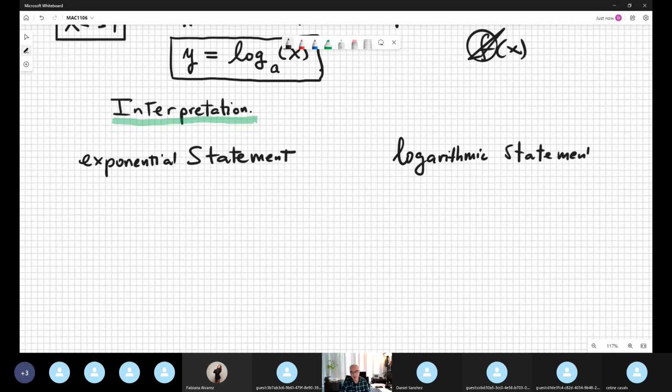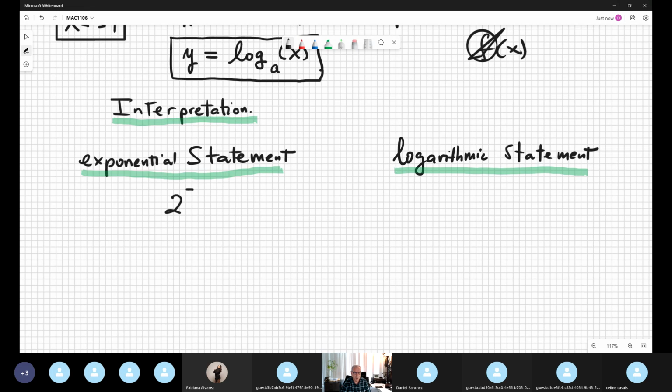They are perfectly equivalent. So any statement that you want, you can express as exponential or logarithm. They are connected. It's the same, equivalent, 100%.